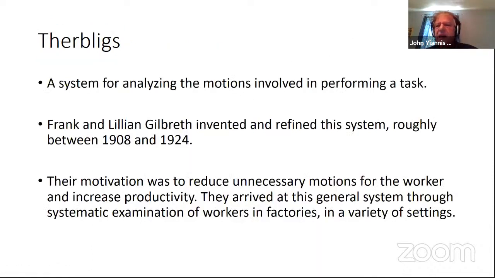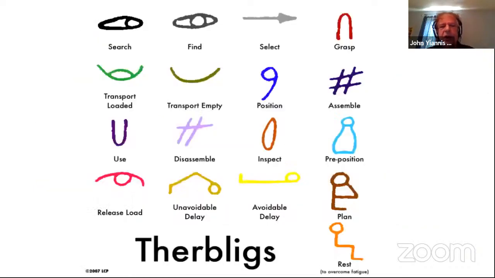So basically, the Therbligs are a system for analyzing the motions involved in performing a task. And they invented that system and refined it. And of course, the motivation was ergonomics and efficiency. So they identified 15, and other authors made them 18.